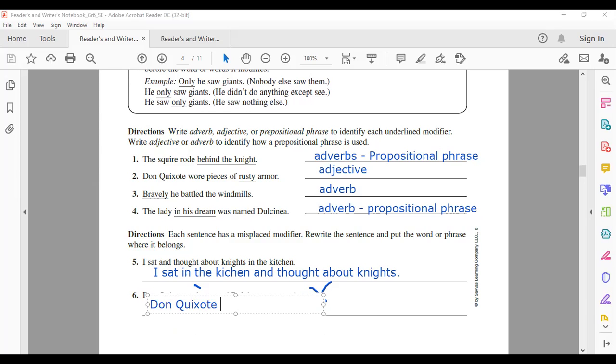Quixote. Don Quixote wanted only Dulcinea, no one else. This is how you do it. Quixote, Watin. Don Quixote. Okay, thank you. Those are Spanish people.